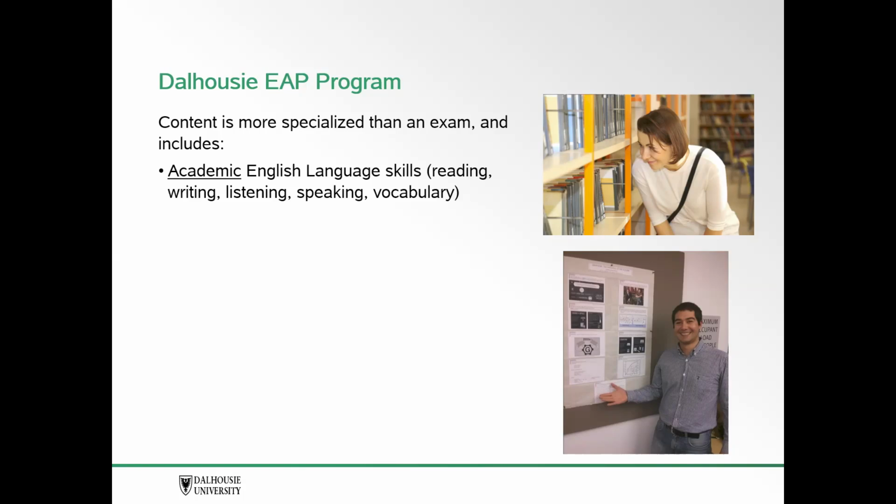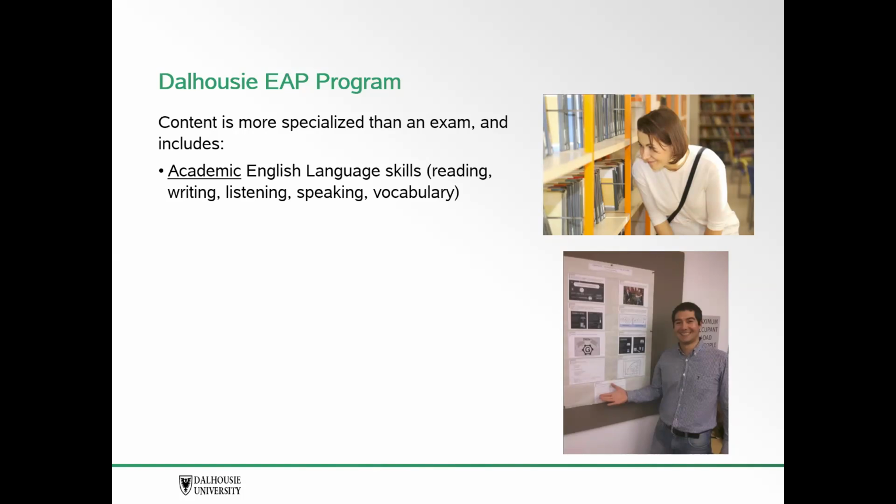So for example, it's not just general English language skills, like how to order pizza at a restaurant, or how to write an email to your boss at work. But this is academic English. So the texts you read, the type of writing you'll do, the listening, the speaking, is all around academic English.